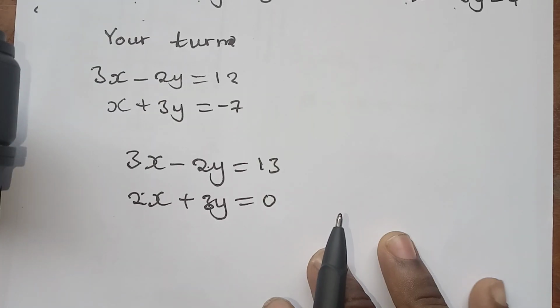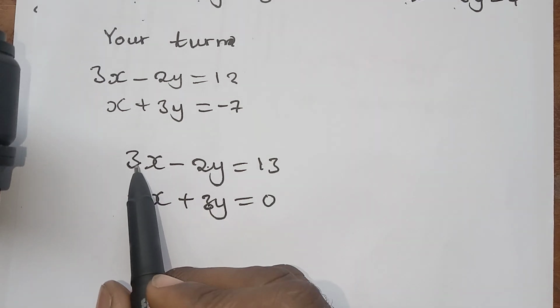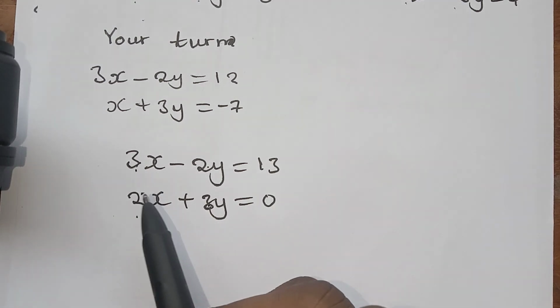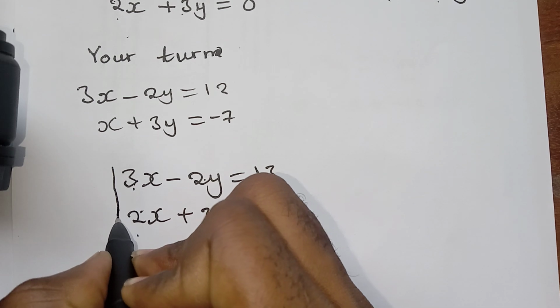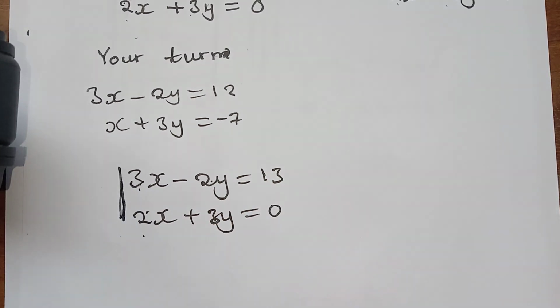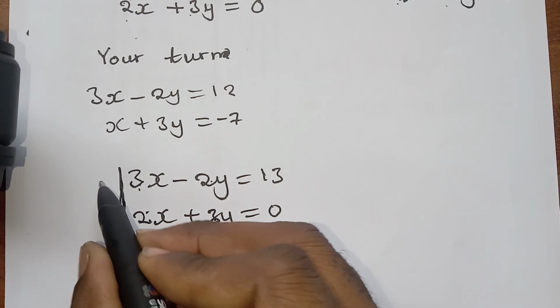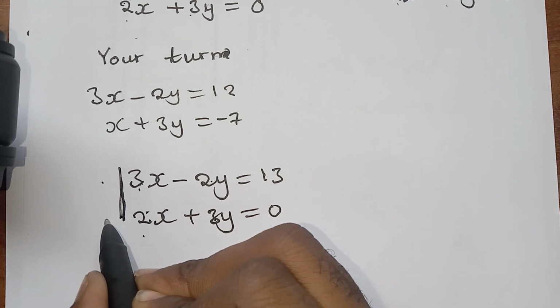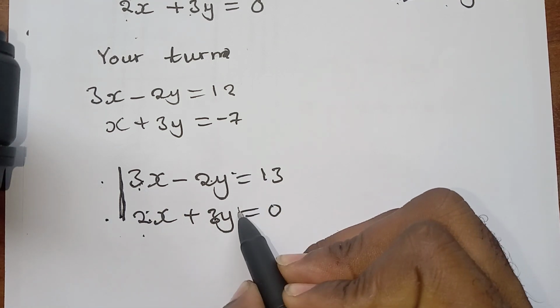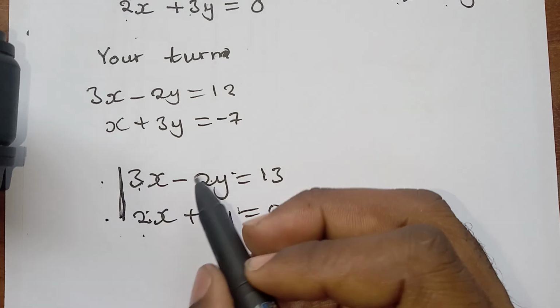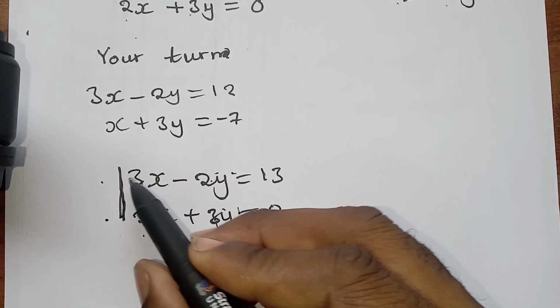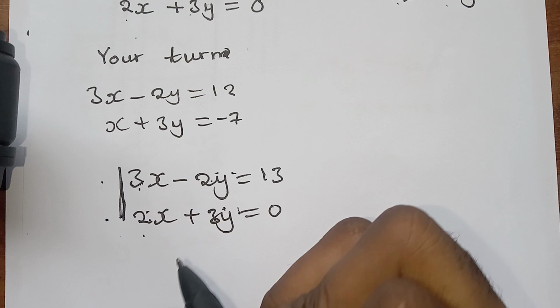Now, if you want to eliminate your x, then you can draw a straight line there and then interchange the x coefficients. If you want to eliminate your y, you can draw the line and interchange the coefficients there.